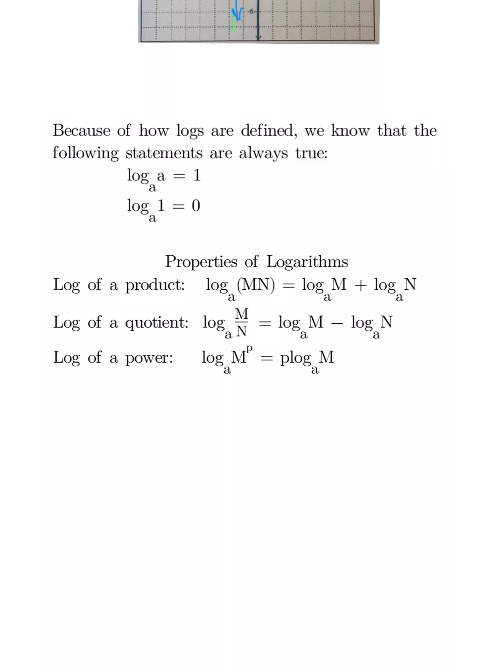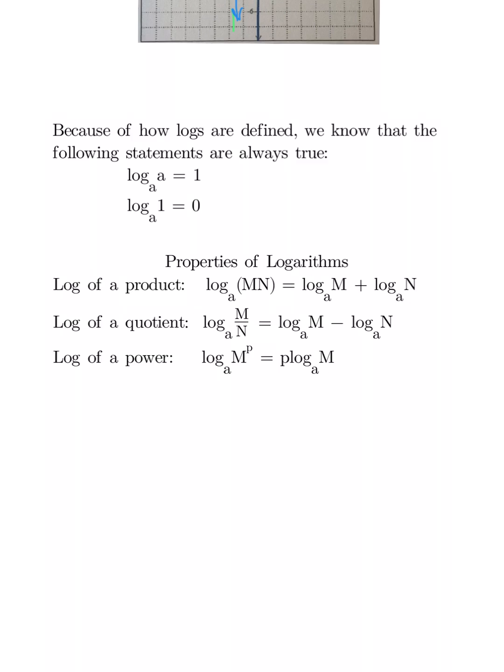When you have division in your argument, this can be split into the log of the numerator minus the log of the denominator. The logarithm must stay the same base when you spread it out into addition or subtraction.